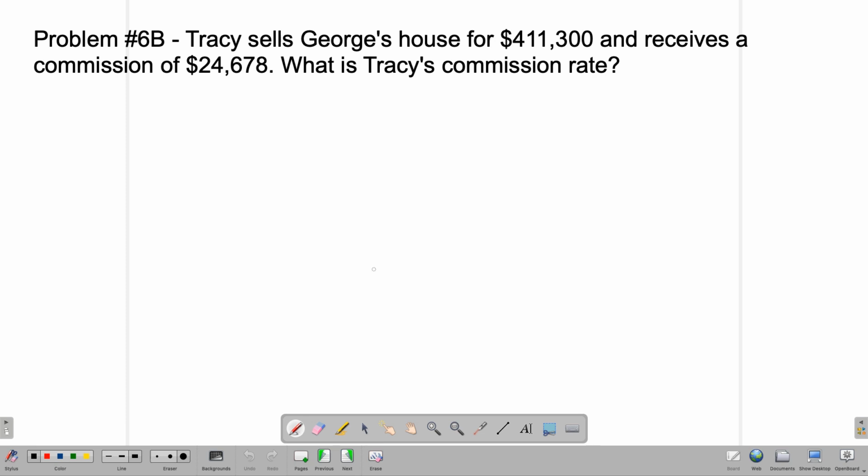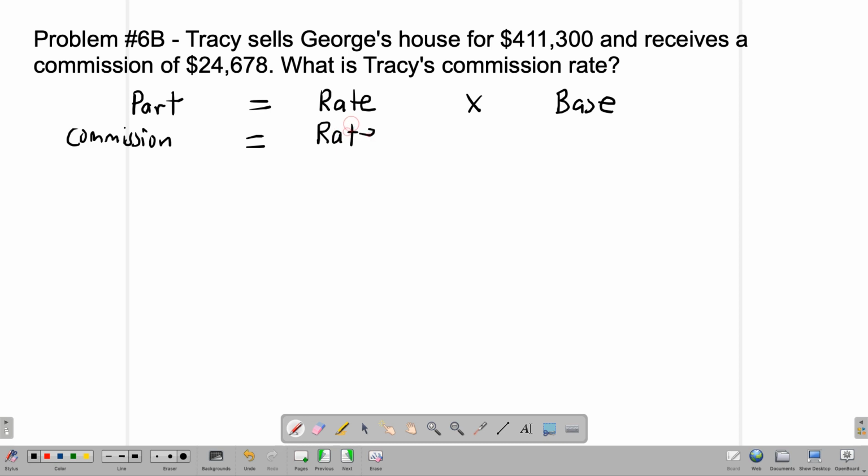So once again, we start off with part equals rate times base. And what's given is that the part represents commission. And we're trying to figure out what the rate is.